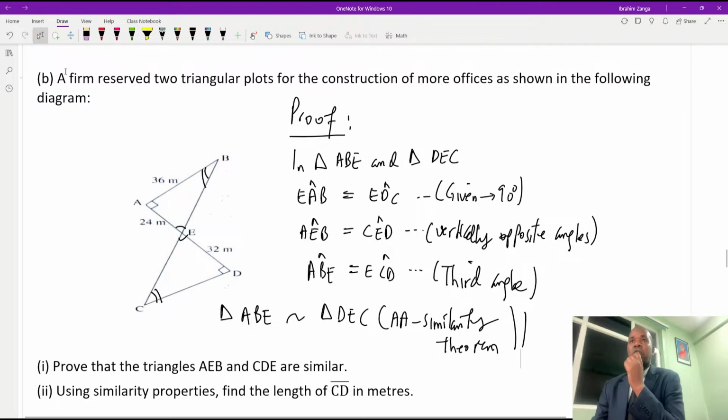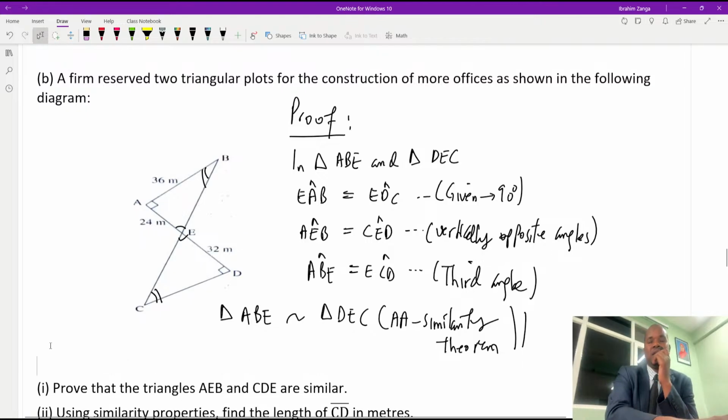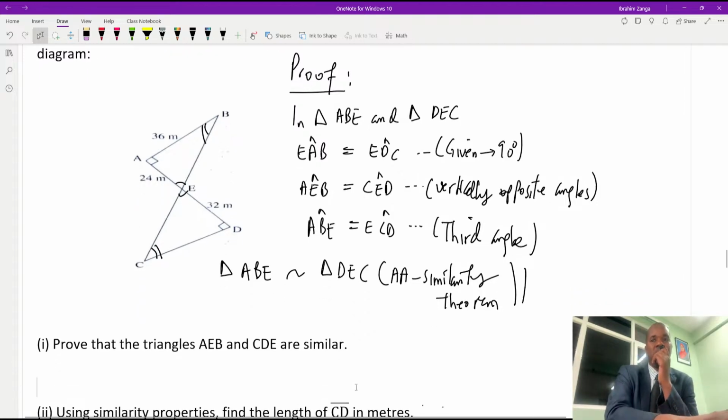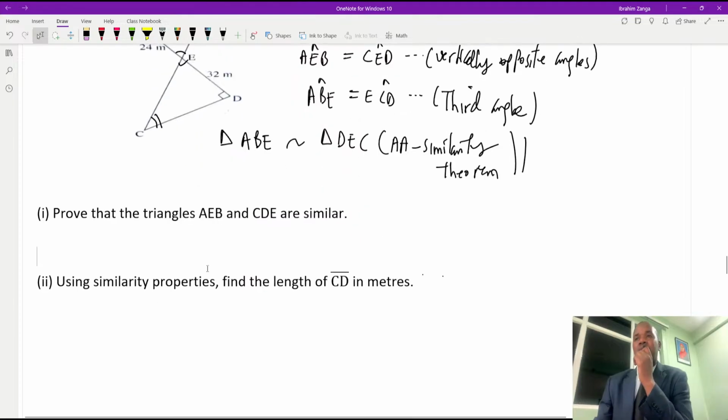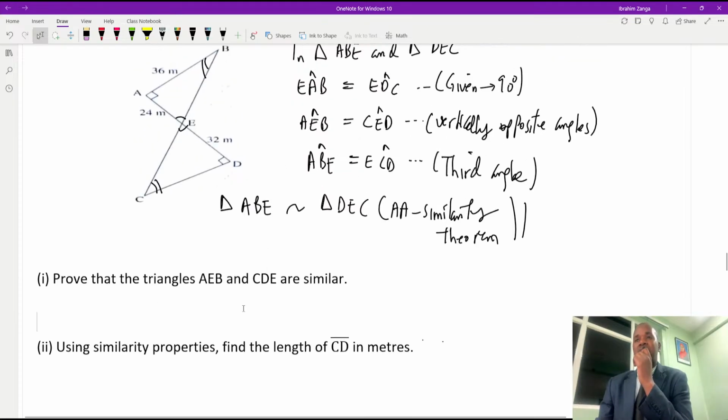So now we know that these two triangles are similar, and actually we have already proved that. So now by using similarity properties, we find the length of CD in meters. So the property is the ratio of corresponding sides are equal.